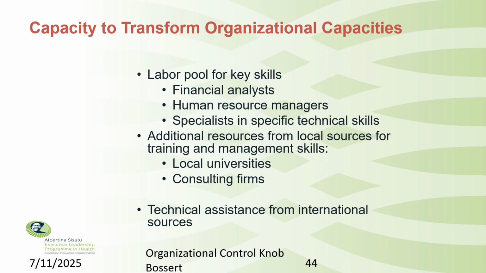But then we can look at additional resources from other local sources, such as local universities, consulting firms. We can look at technical assistance from international organizations. So we need to think about how you bring in these additional resources and skills to help us transform our organizational capabilities, right? And all of these then have become important mechanisms for helping us tweak that organizational control knob.